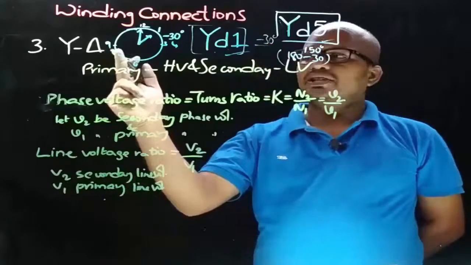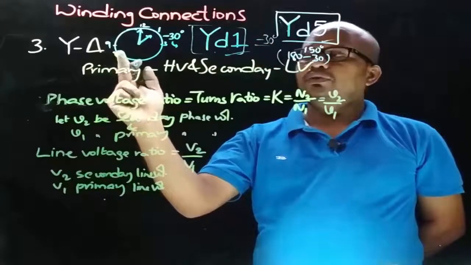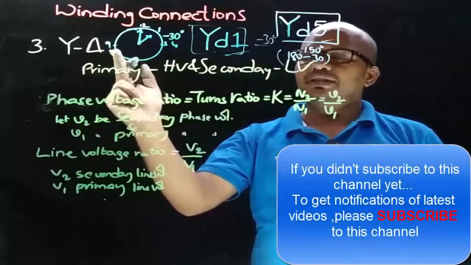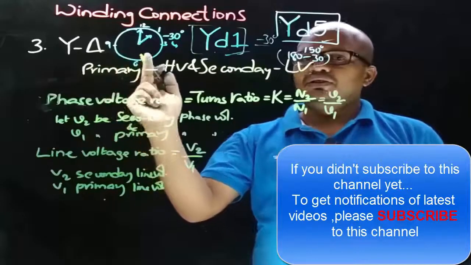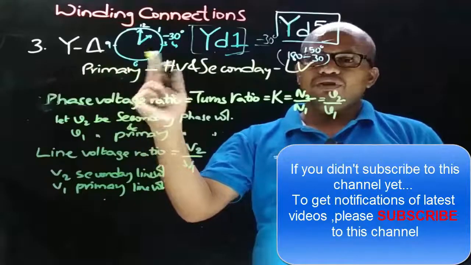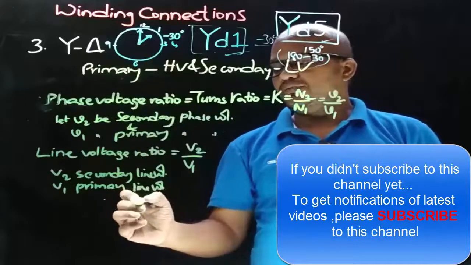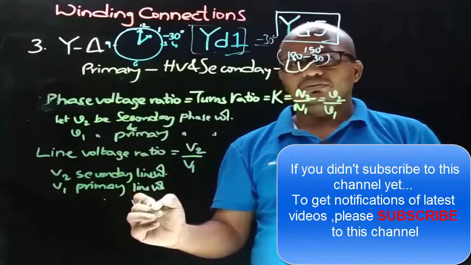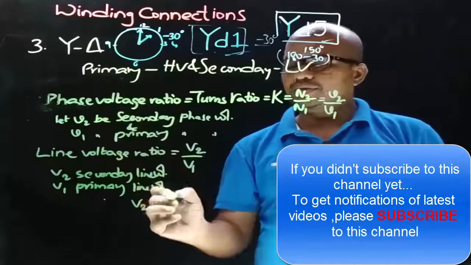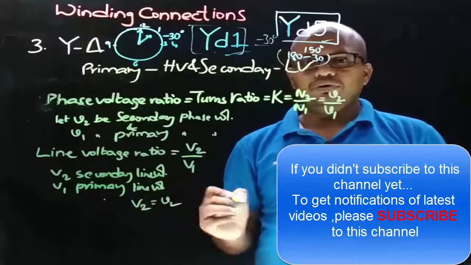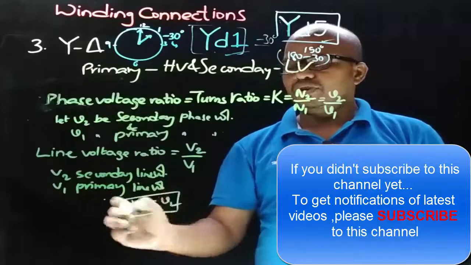The secondary side connection is delta. Therefore, the relation between line voltage and phase voltage for delta connection is that line voltage is equal to phase voltage. So here line voltage we took is V2 on secondary side and the phase voltage on secondary side we took is small v2. Therefore, this is one relation.